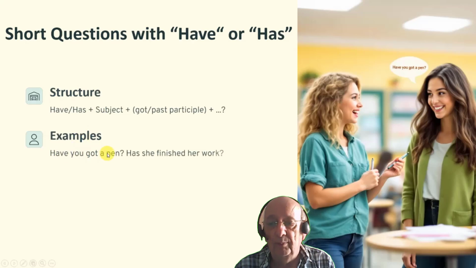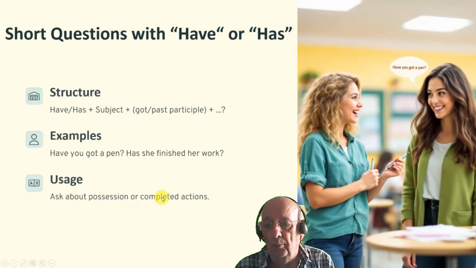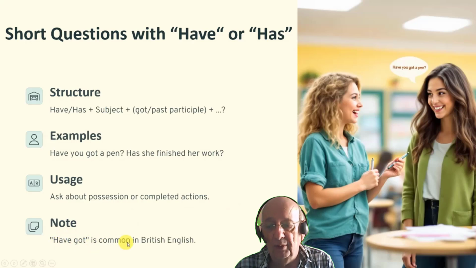Examples: have you got a pen? Has she finished her work? The usage: ask about possession or completed actions. And of course, lastly, a note over here, have got is common in British English.